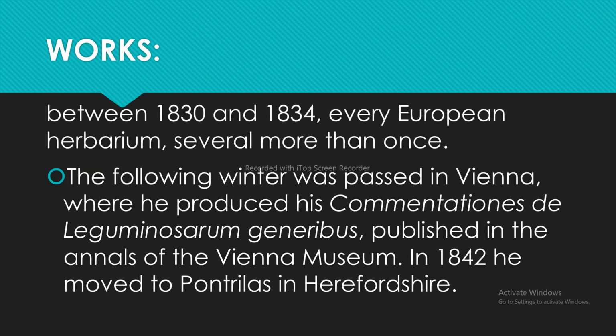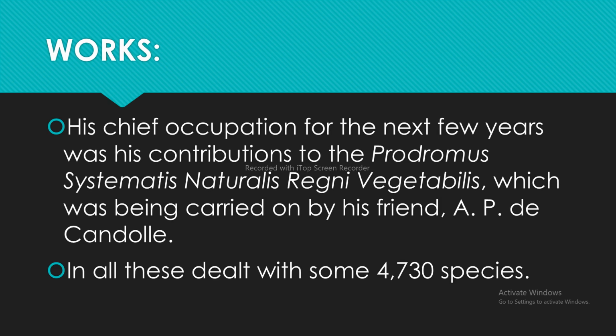In 1842, he moved to Pontrilas in Herefordshire. His chief occupation for the next few years was his contributions to the Prodromus Systematis Naturalis Regni Vegetabilis, which was being carried on by his friend A. P. de Candolle. In all, he dealt with some 4,730 species.